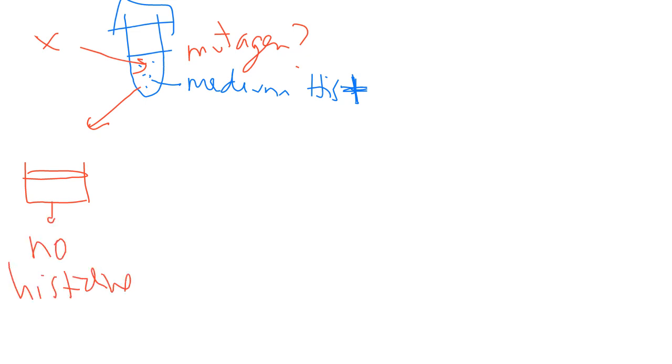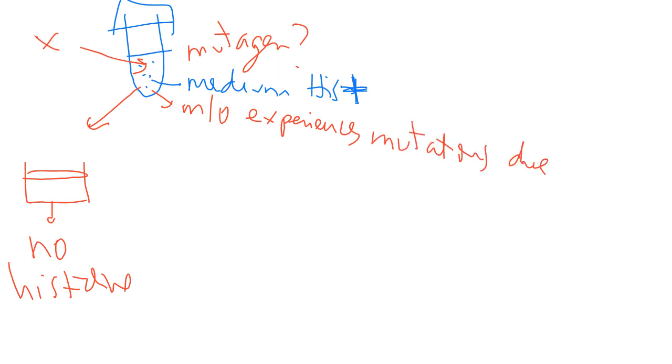So the idea is, if the microorganism experiences mutations due to the chemical, some of those mutations may revert the histidine negative mutation. So the microorganism is histidine negative, is a mutant.